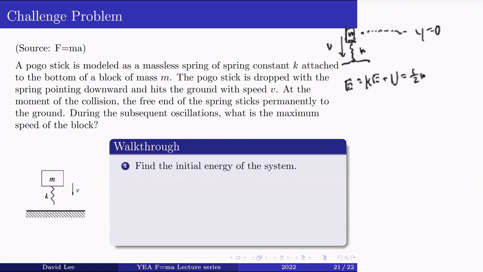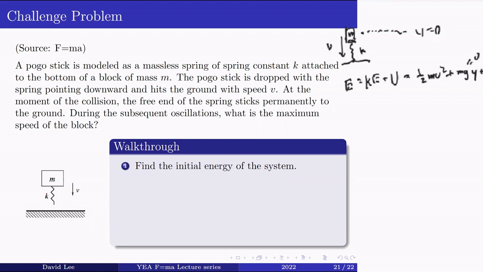Well, 1/2 mv squared. That's just the kinetic energy. And the potential energy, well, there's mgy potential energy, but it's at y=0, so this is just 0.